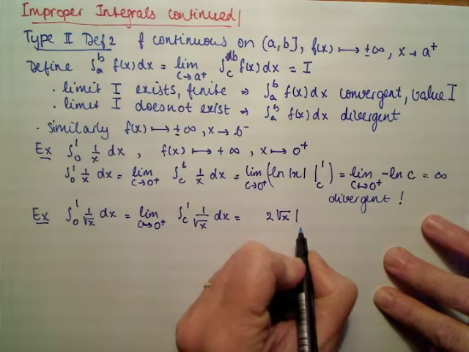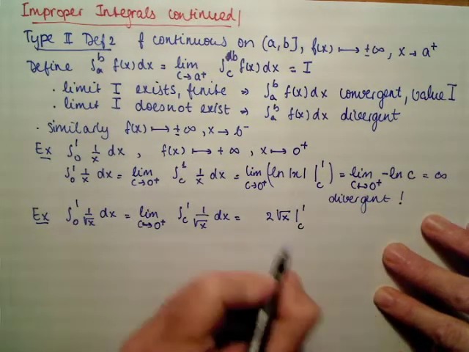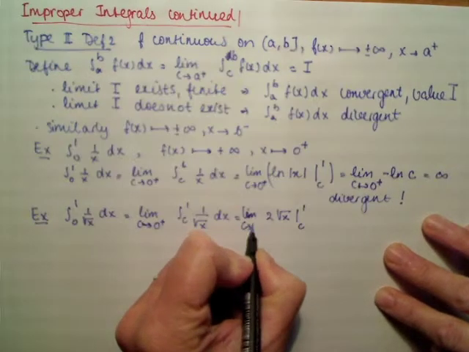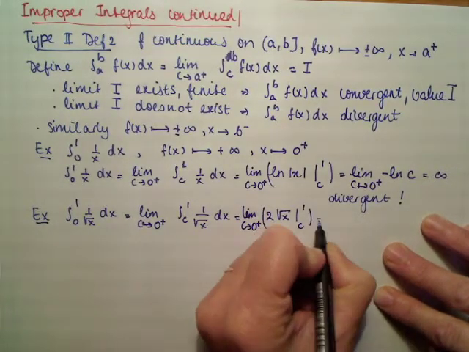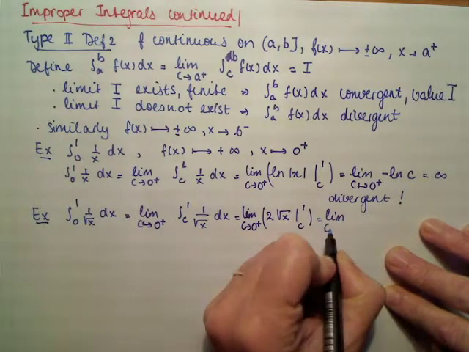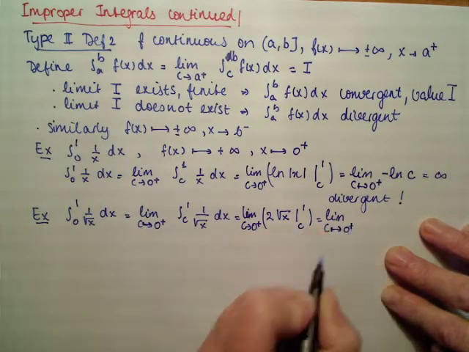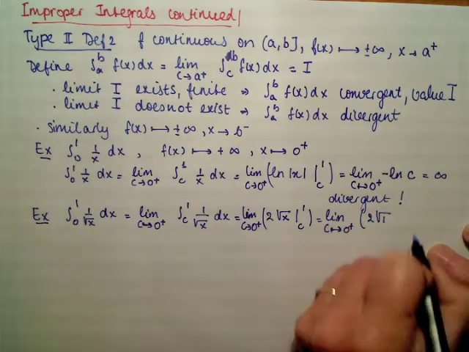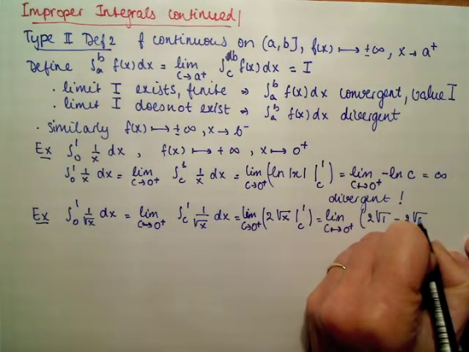We evaluate it at the points c and 1, and take the limit for c approaching 0 from the right. We get the difference of 2 times square root of 1 and 2 times square root of c.